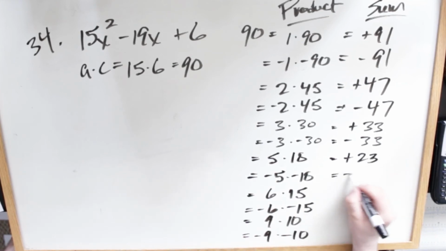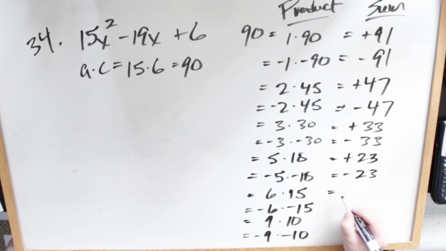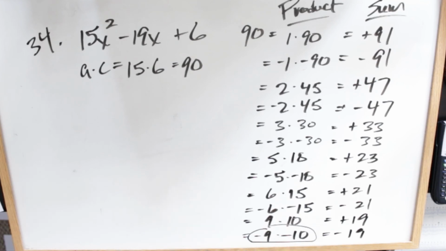This will be negative 23. 6 and 15 is going to be positive 21, negative 21. It's a lot here. This will be positive 19, and this will be negative 19. And sure enough, it's the very bottom one that we had. Glad I put that on there. Negative 9, negative 10. All right, so those are our numbers.